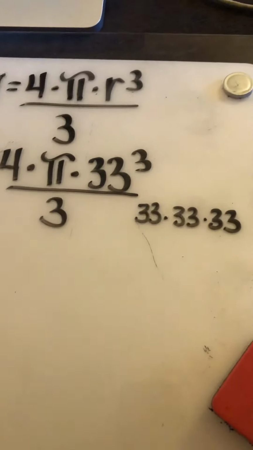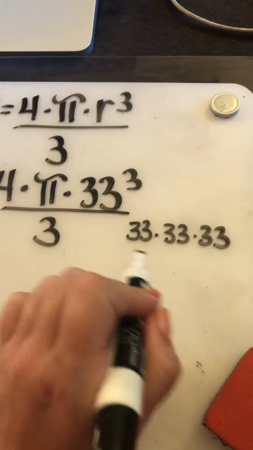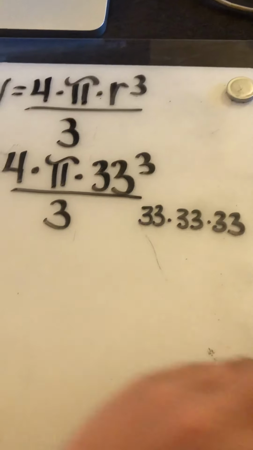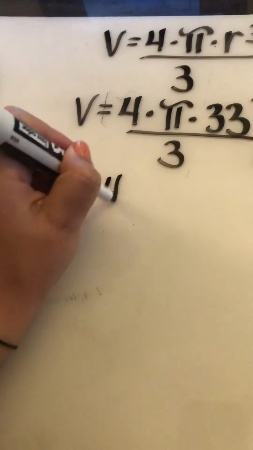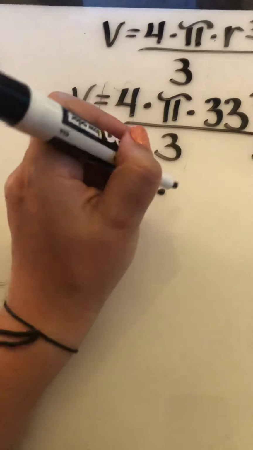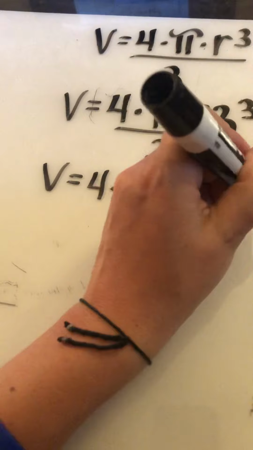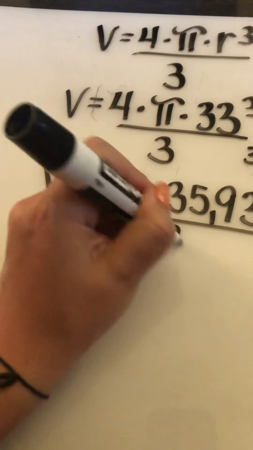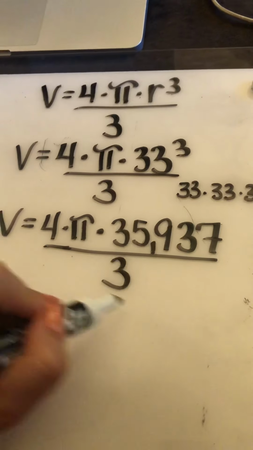So if you don't have a calculator that can be raised to the 3rd power, then you would just do that in your calculator instead. And that product will give us, let's see what we have left. So V equals 4 times pi times, that product would be 35,937 over 3.